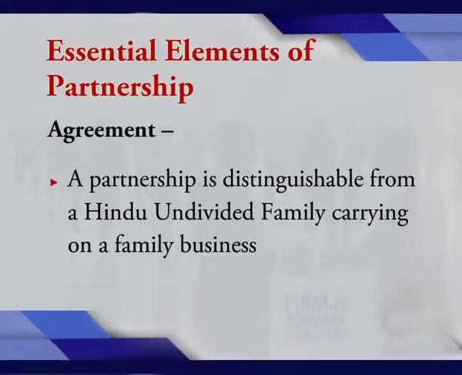That is why a partnership is distinguishable from a Hindu undivided family carrying on a family business. The reason is that as a result of the peculiarities of Mitakshara school of Hindu law applicable to joint families, a male child of a Hindu acquires an interest in a family business even in the absence of an agreement in that behalf, whereas partnership is a creation only out of mutual agreement.